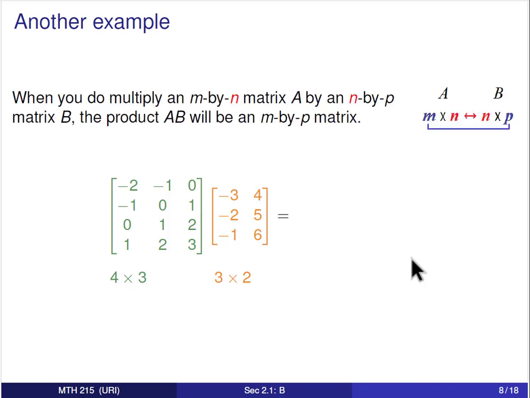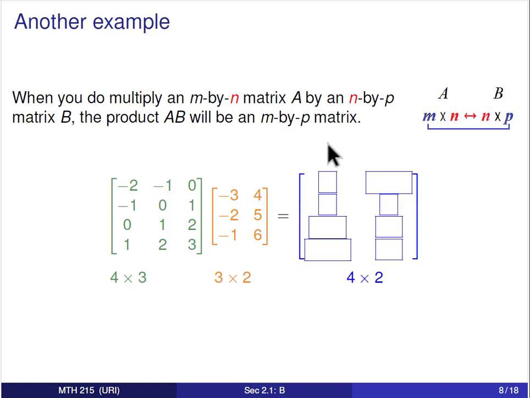Okay, well, keeping in mind that the dimensions are given by those outer numbers, 4 and 2 give us the dimensions. It should have 4 rows and 2 columns. Again, 8 blanks, but this time with a slightly different arrangement, and we're going to fill in what those blanks are.